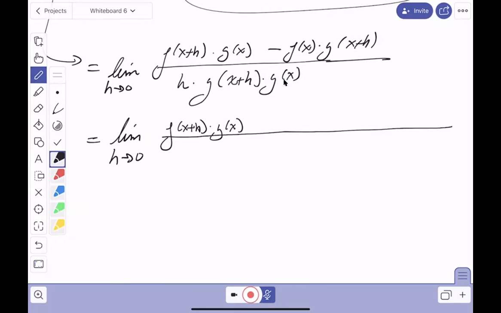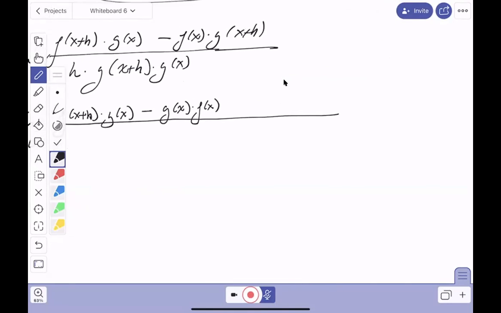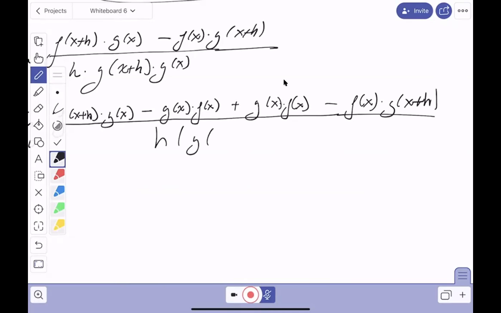And I'm going to subtract g of x, f of x. Now, if I subtract that, I've got to give it. And then what do you get? Minus f of x, g of x plus h.